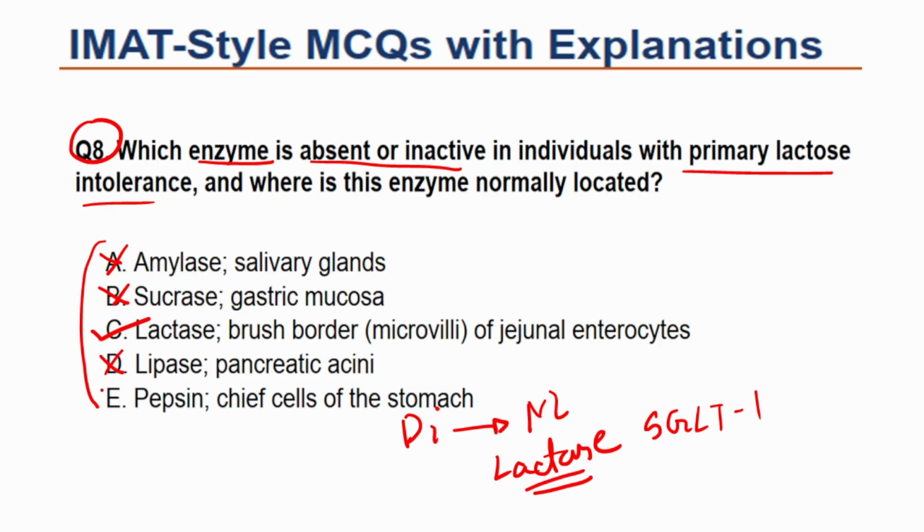Option D and option E are incorrect because pancreatic lipase handles triglyceride cleavage within the duodenal lumen, and pepsin is a gastric protease synthesized by chief cells, neither of which has any functional role or structural location matching carbohydrate monomer production.